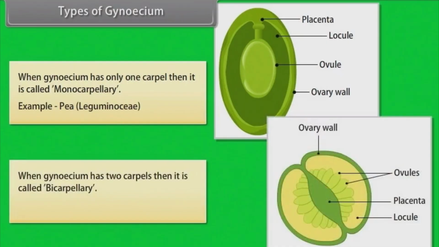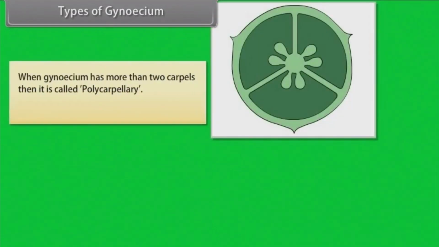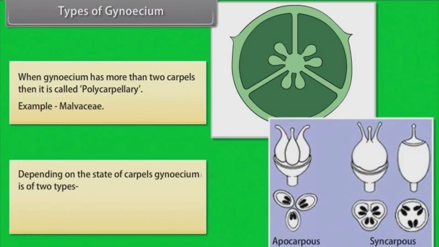When gynoecium has 2 carpels, it is called bicarpellary. Example: Solanaceae, Cruciferae. When gynoecium has more than 2 carpels, it is called polycarpellary. Example: Malvaceae.